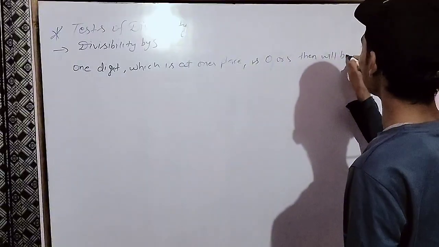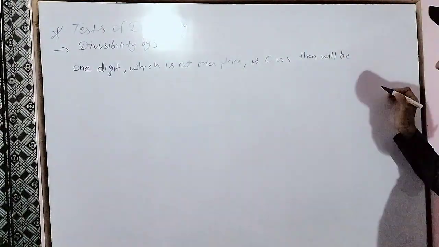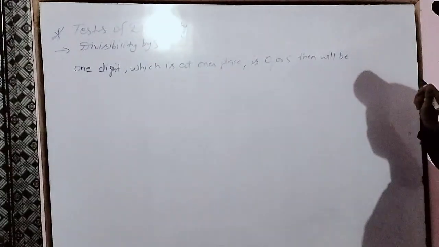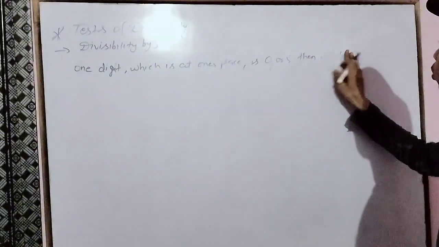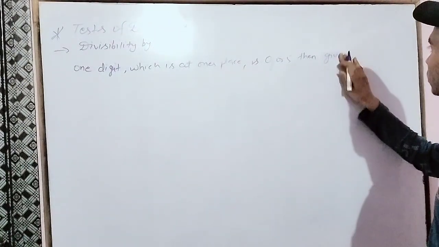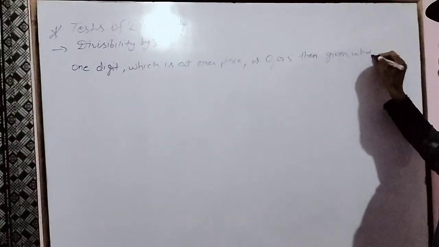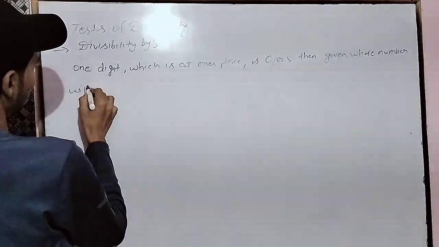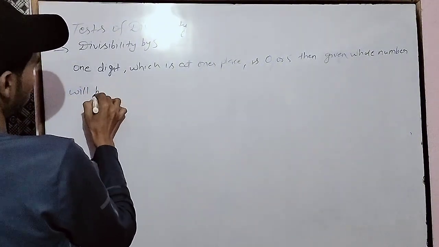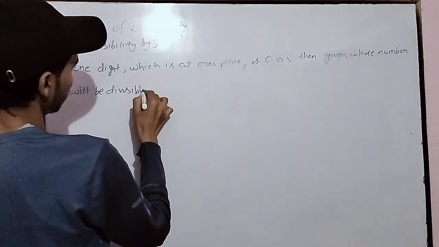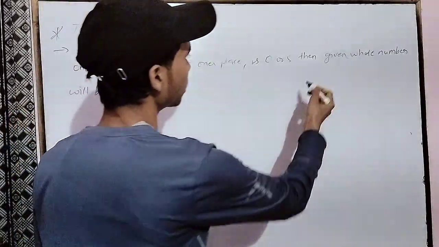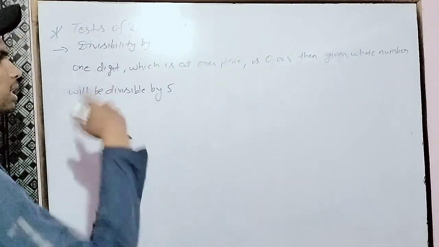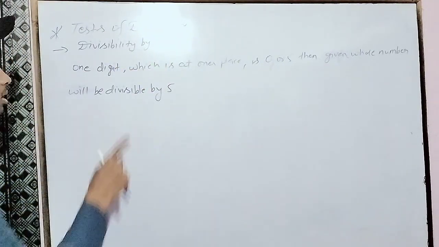Then the whole given number will be divisible by 5. The condition is what? The digit which is at one's place should be 0 or 5. Then the given whole number will be divisible by 5.